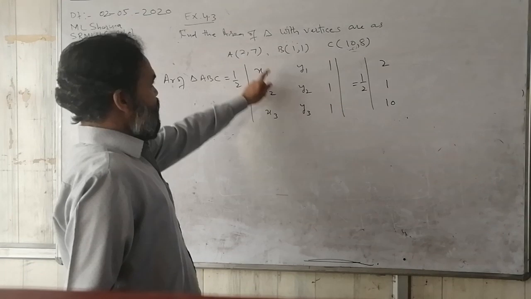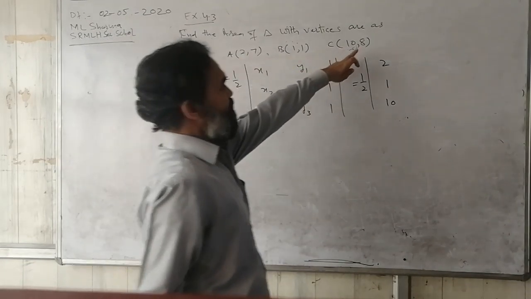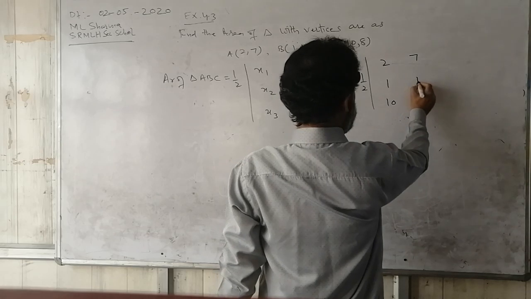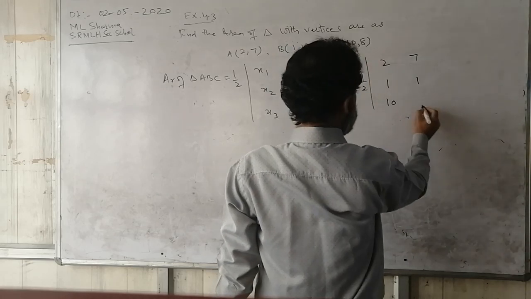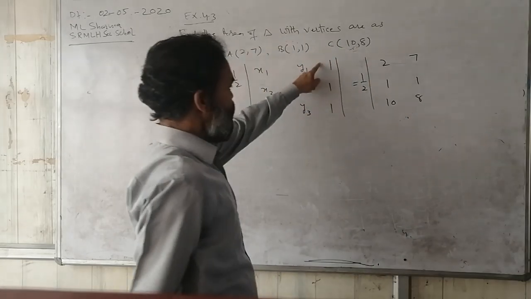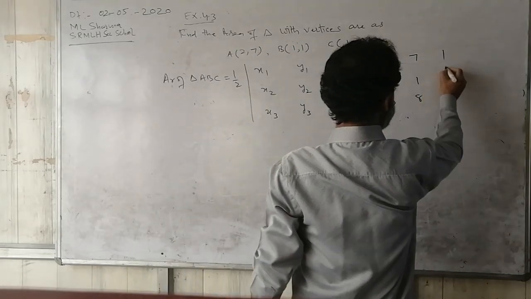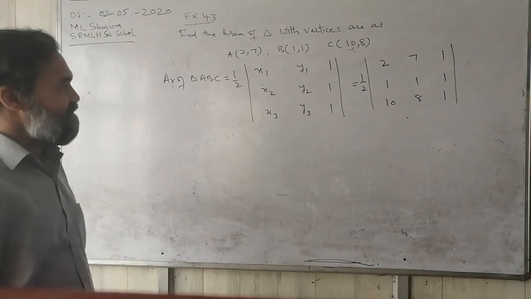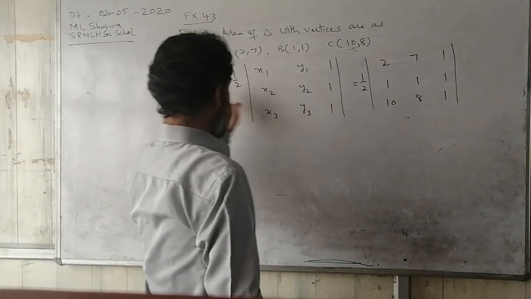Then y1, y2, y3: 7, 1 and 8. Then the column of 1, 1, 1. This is the simple formula for calculating the area of this triangle.